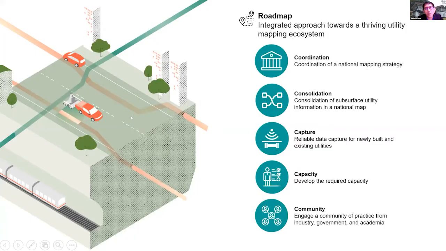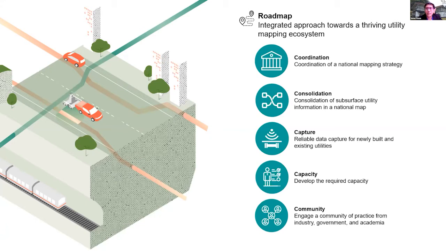And there were 5 components identified as the integrated approach towards the utility mapping ecosystem. So we call this the 5C. The first one is coordination. We believe that there is a need of coordination from the agency's perspective. We also believe the second component, which is the consolidation. When data sets are not consolidated, it is very hard for us to ensure the quality.